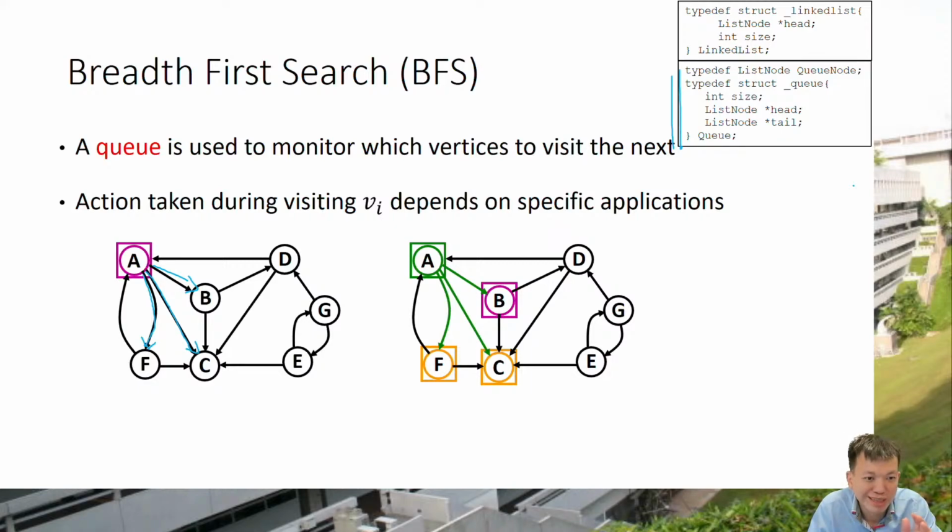It's just that I want to have the same output. If I want the same output, I need to provide the order to you, which must be in alphabetical order. Then of course I will visit B first in that case.